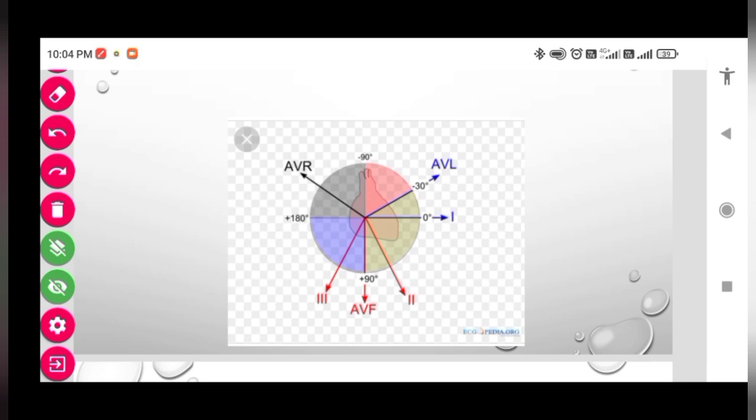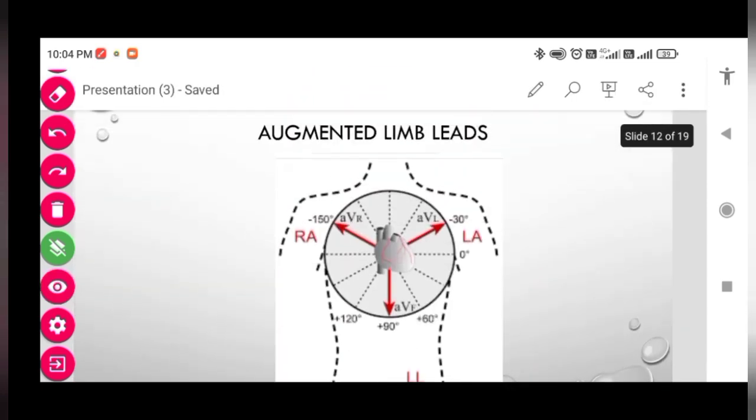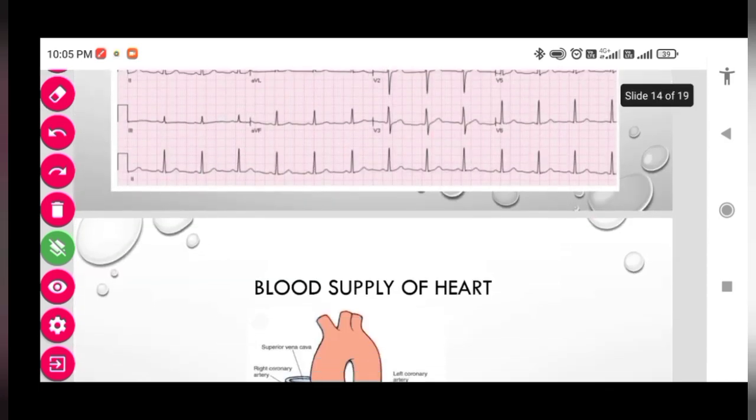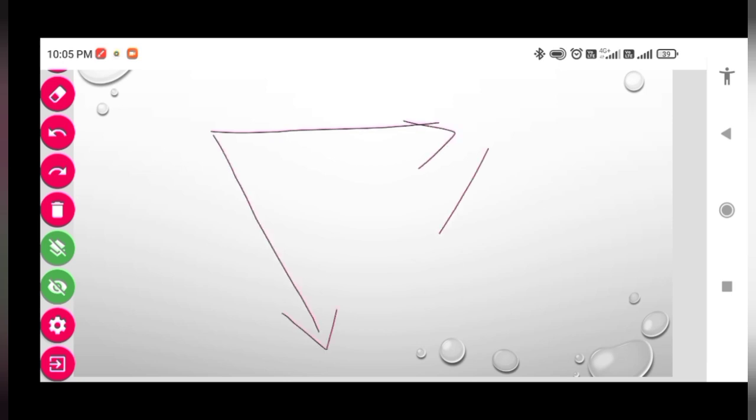Next, when we combine all these, let me show you. This is lead 1, this is lead 2, this is lead 3. Okay, these are the bipolar leads.